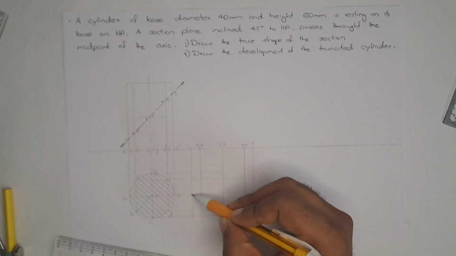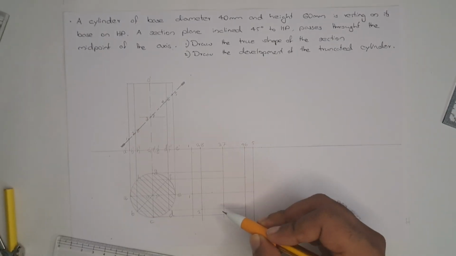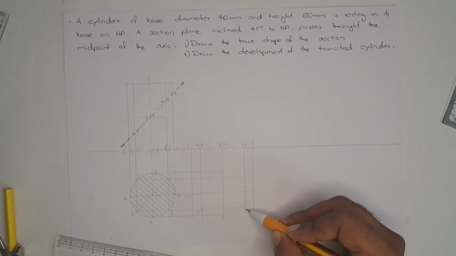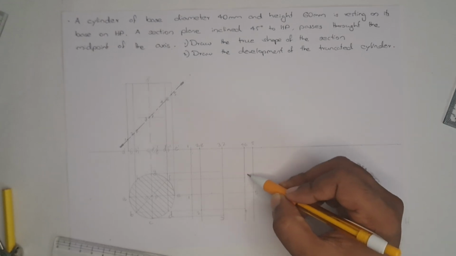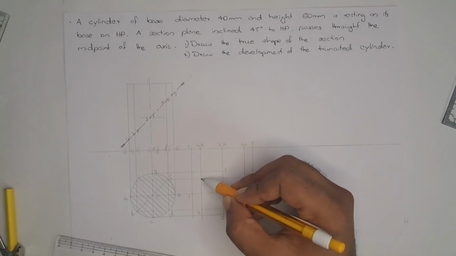So right now, we get the points here: 1, 2, 3, 4, 5, 6, 7, and 8.